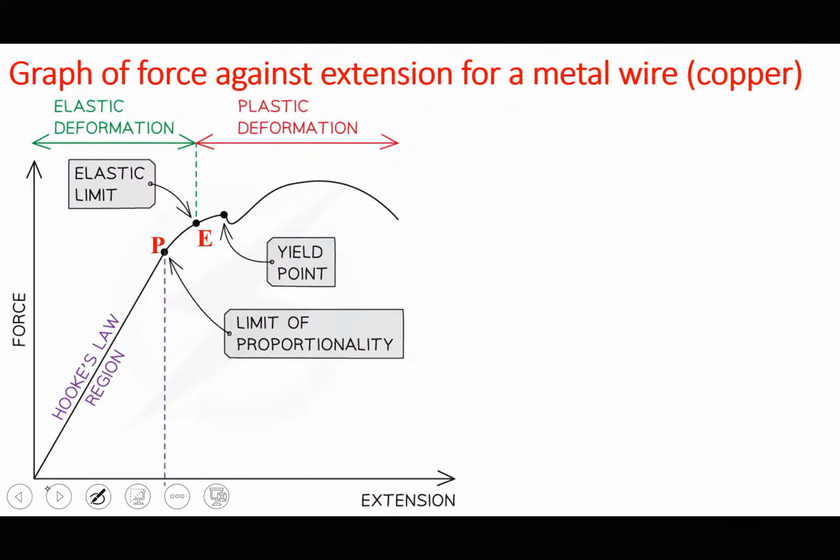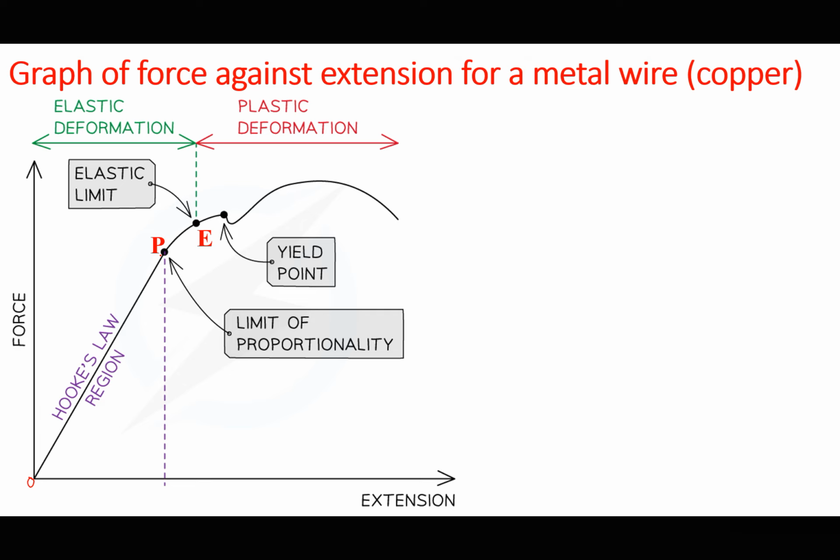So if I was to sketch a graph of load against extension, when I talk about load, I'm referring to the deforming force, then the graph is going to take this shape here. For small loads, if the force is smaller, the load is directly proportional to extension, which is giving us a straight line from O up to point P.